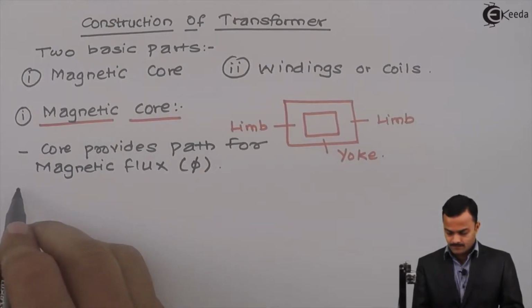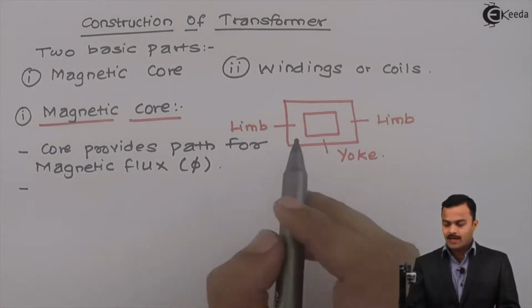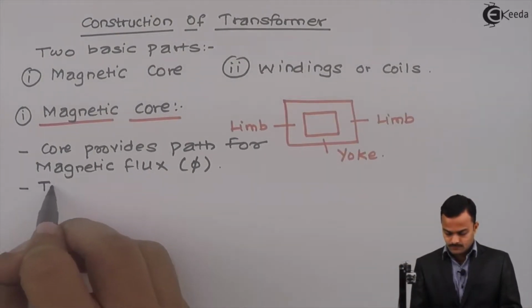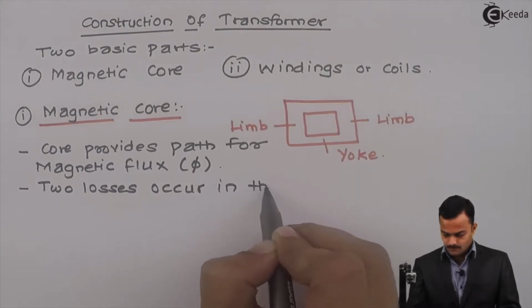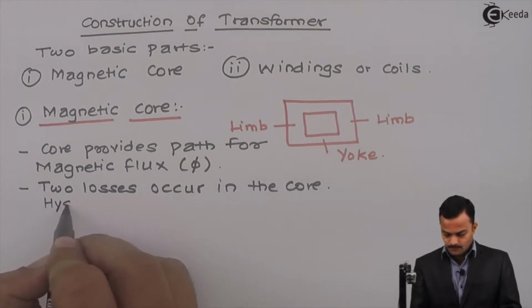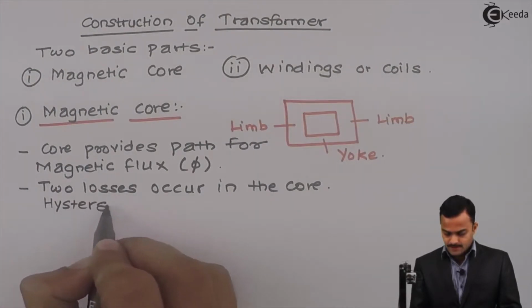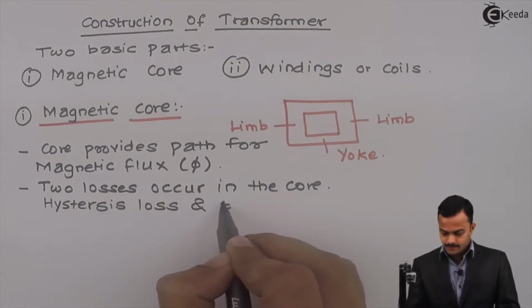Hence, there are two types of losses that will occur inside the core. And those losses are hysteresis and eddy current.